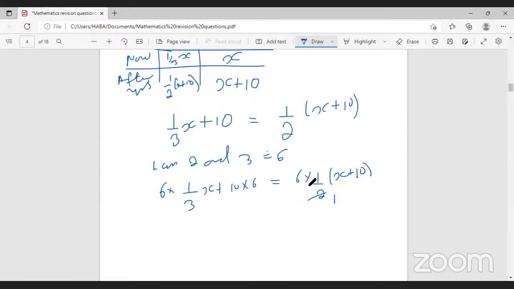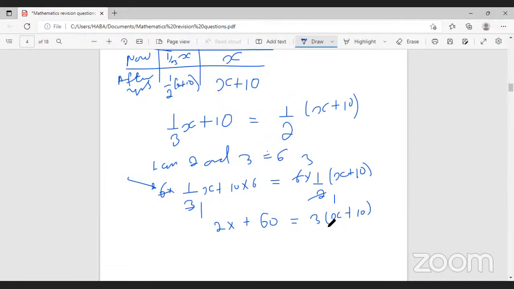So here is by 1, here is by 3, here is 1, and here is 2. So that this becomes 2 times x, which is 2x, plus 10 times 6, which is 60, is equal to 3 into x plus 10.